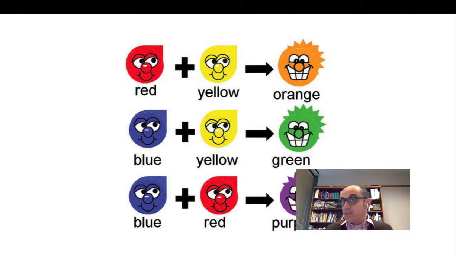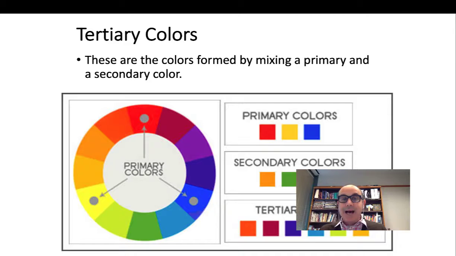So in this stage, we need to think about how red and yellow create orange, blue plus yellow create green, and blue and red create purple. Those are part of the structure that we have to keep in mind when we are talking about colors.